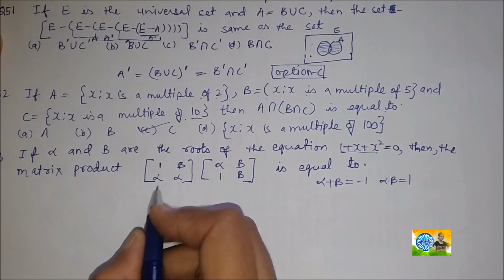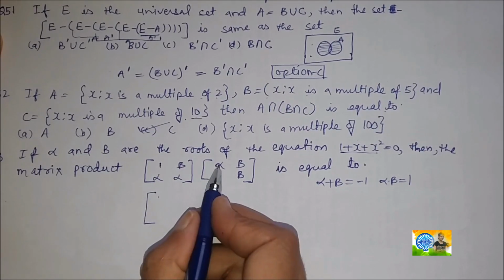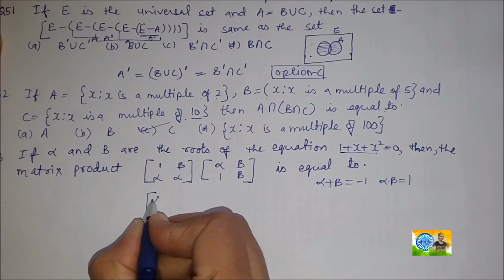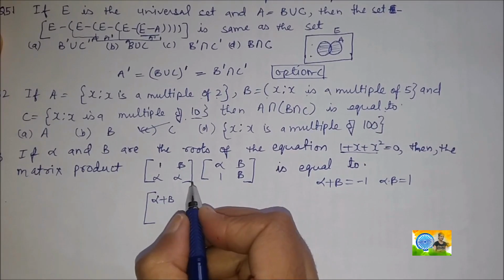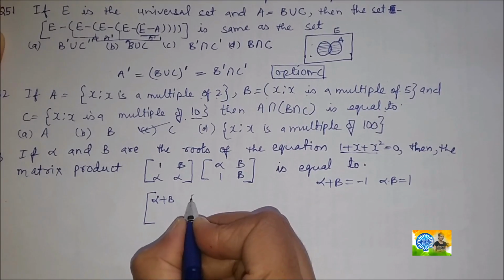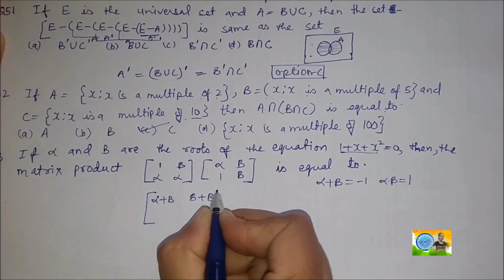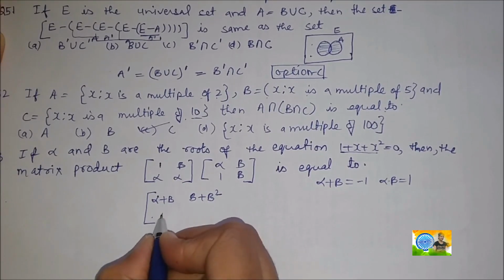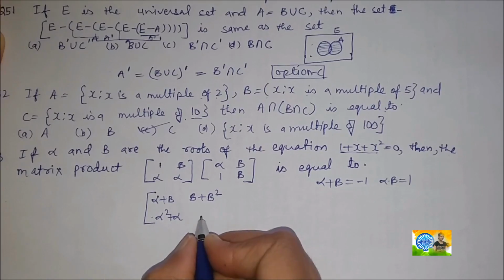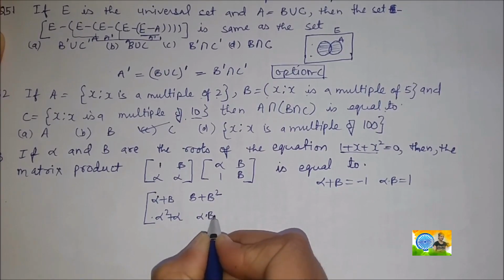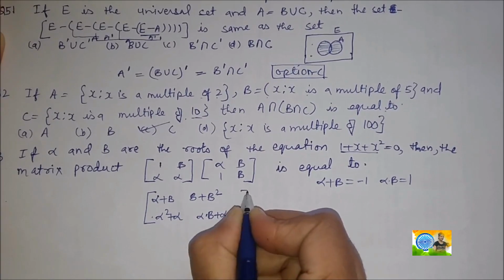This element will be 1 multiplied by beta, plus alpha times beta. So this will be alpha plus beta. Similarly, this will be beta plus beta square. This will be alpha square plus alpha. And this is alpha beta plus alpha beta.